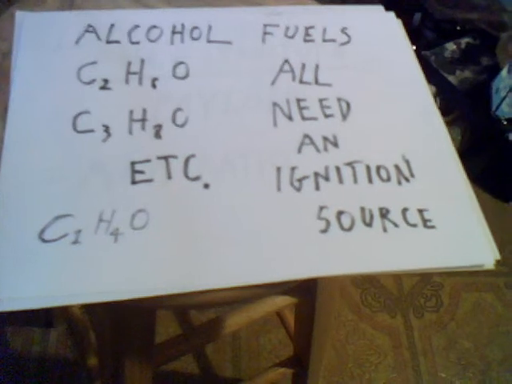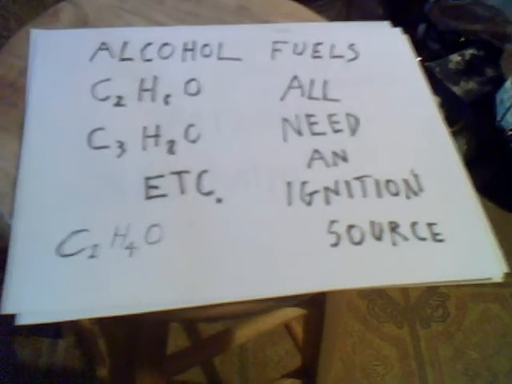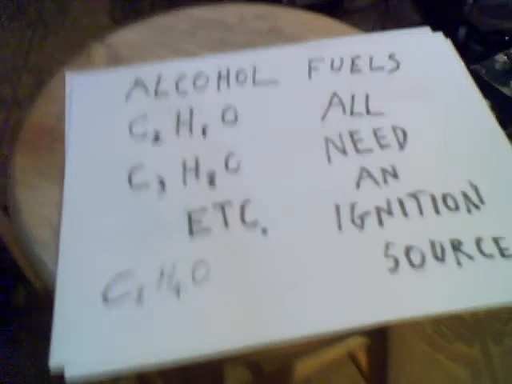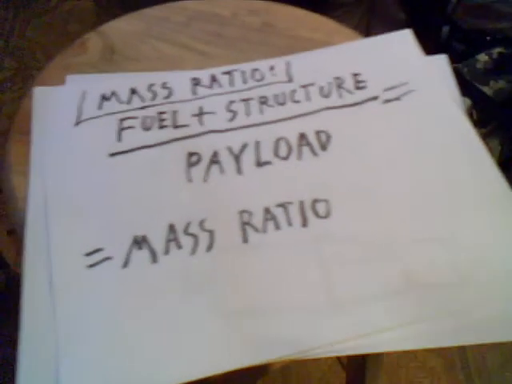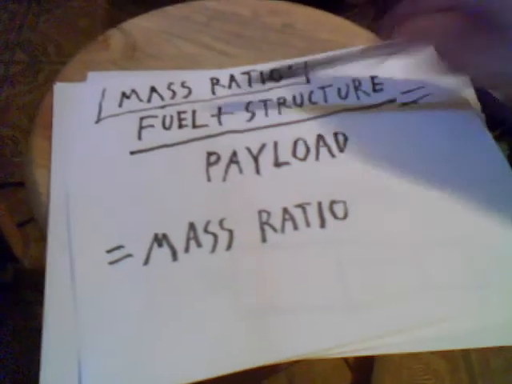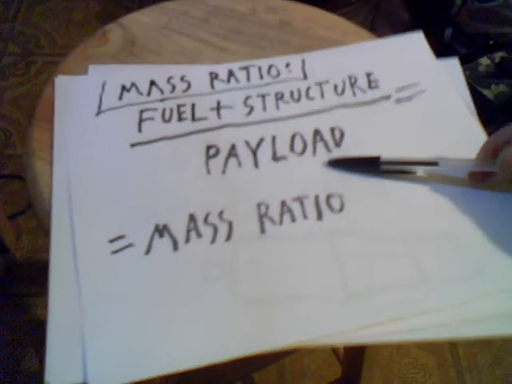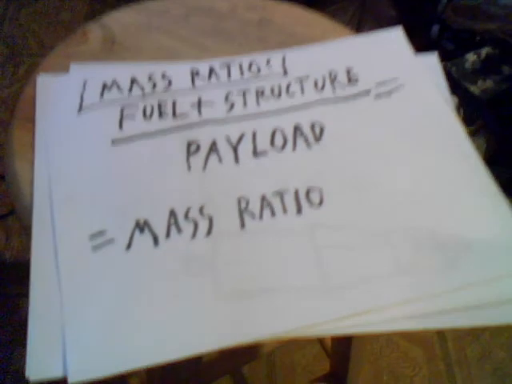But in any case, I'll talk more about what fuels spacecraft later and what the amounts are, etc. But this is just some of the rocket science basics. This is the chemistry. That's the last part. But remember the equation. It's called mass ratio. Fuel plus structure divided by payload will give you a mass ratio.